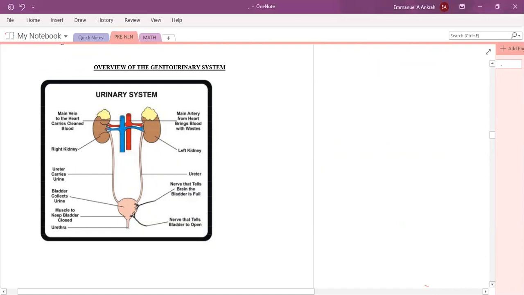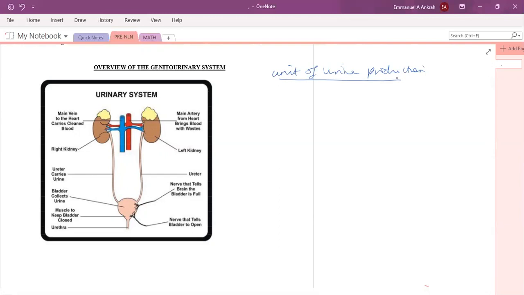But what is the unit of urine production? That's what we want to look at. The basic unit of the kidney is what we call the nephron.